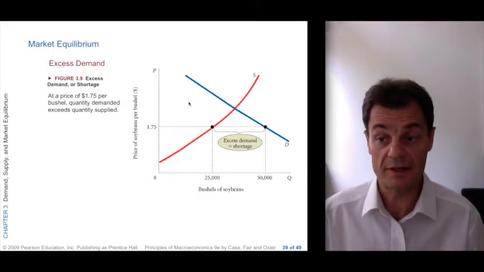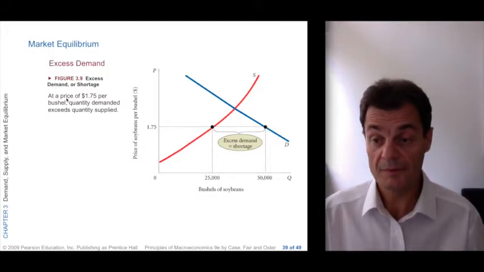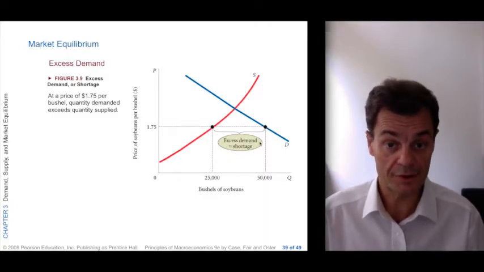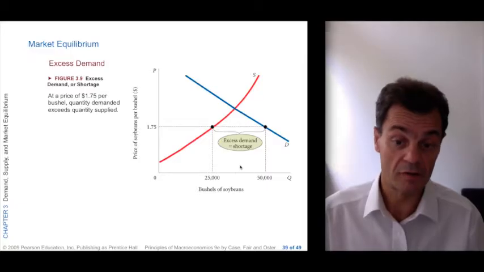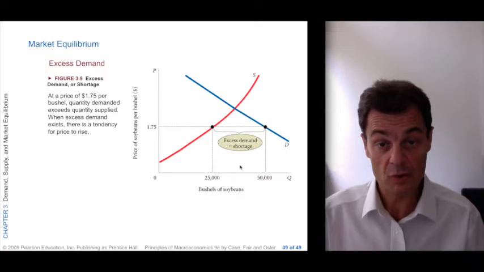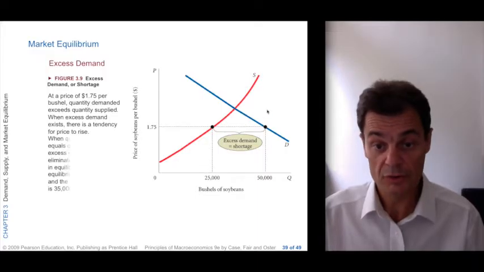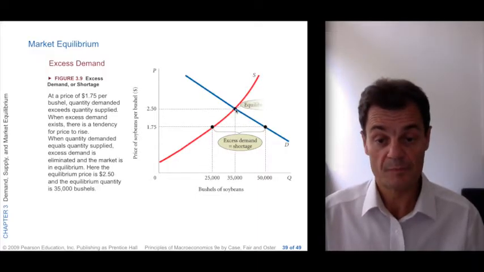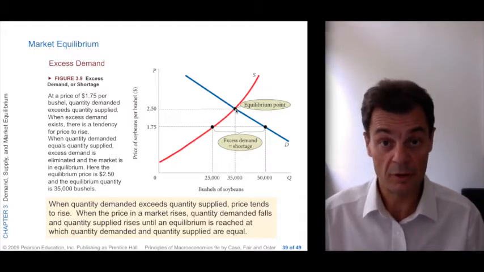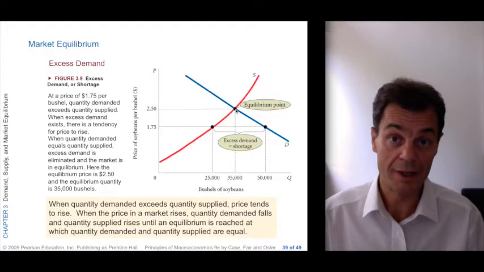Excess demand shows here that at a price of $1.75 per bushel, the quantity offered is 25,000, but the quantity demanded is 50,000. So there is a shortage here, or an excess demand, of 25,000. Consequently, the price will go up to that level of $2.50 to compensate for the shortage and find a new equilibrium point.